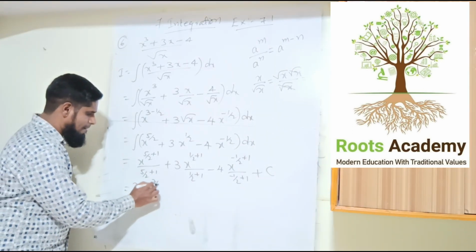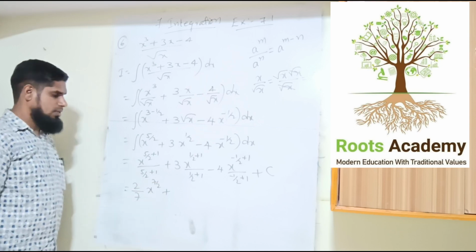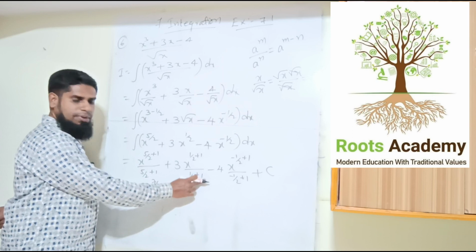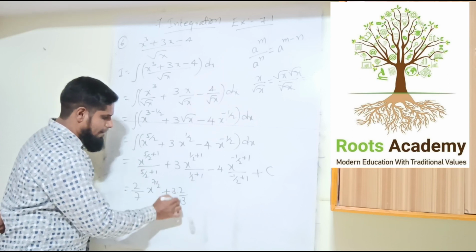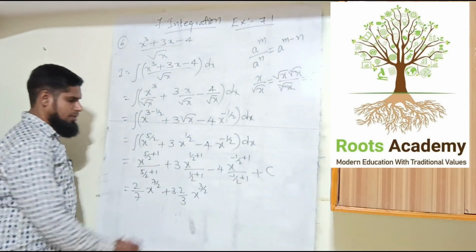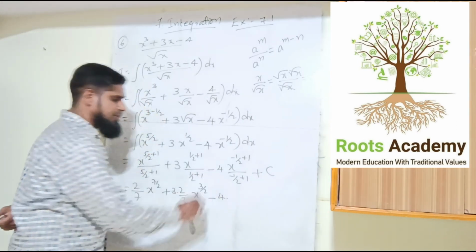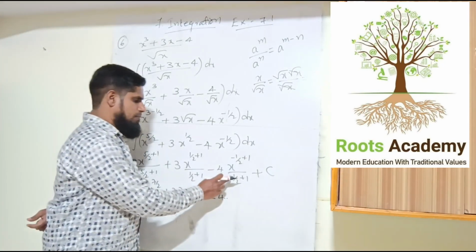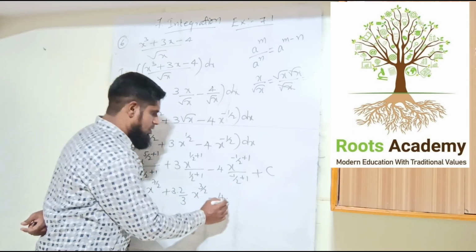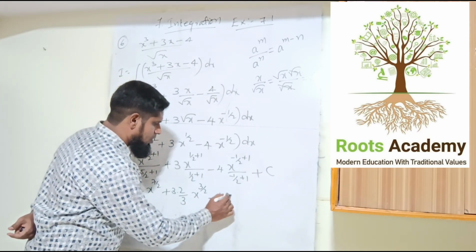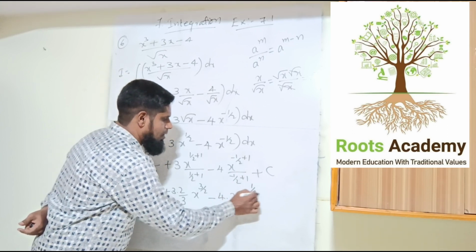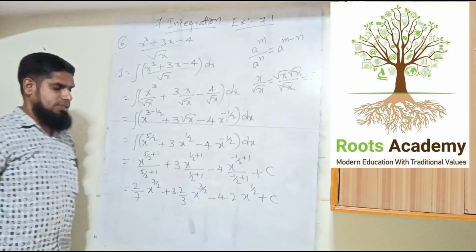Into x power 7 by 2, plus 3 into, it is 3 by 2, that means 2 by 3 x power 3 by 2 here, minus 4 into, minus half plus 1 is plus half, so this is the reciprocal of half, which is 2, into x power half, plus c.